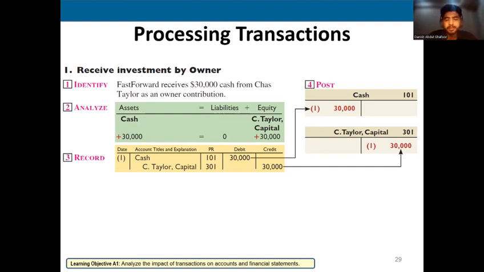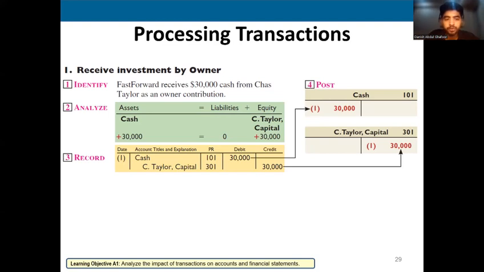Just see the third part, Taylor capital increase. So it is on the credit side by 30,000. And similarly, the contribution of the owner came into your business as an asset. Cash is an asset. So whenever an asset increases, it goes on the debit side. So now the balance is zero. That's all your double entry accounting system does. The accounting equation will always be balanced.